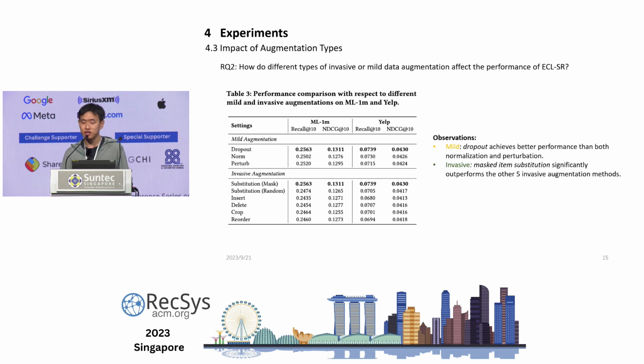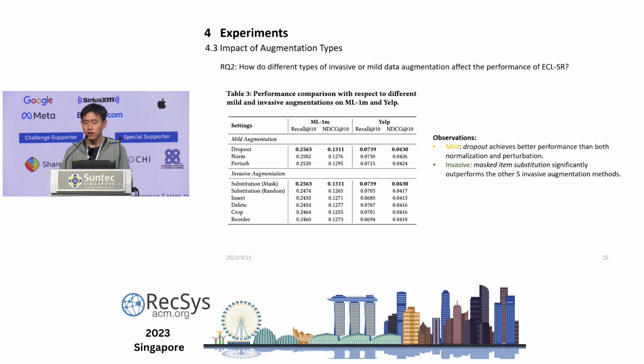And to investigate the impact of invasive augmentations, we test mask item substitution, random item substitution, insertion, deletion, crop, and reorder. For a fair comparison, we fixed the mild augmentation method to be dropout and search the optimal hyperparameters for every invasive augmentation. We can see that mask item substitution significantly outperforms the other 5 invasive augmentation methods in most cases.